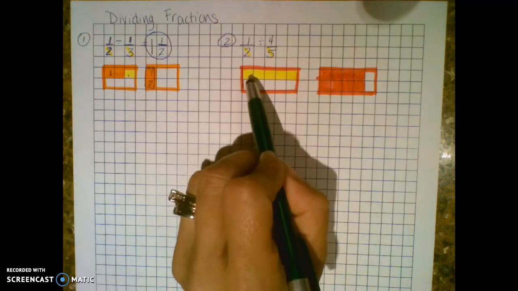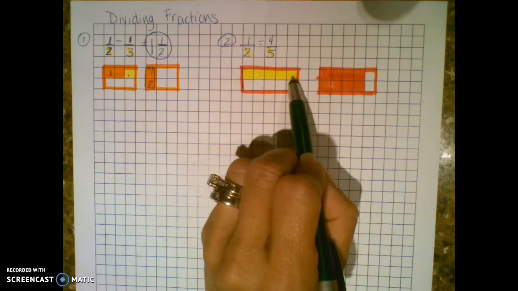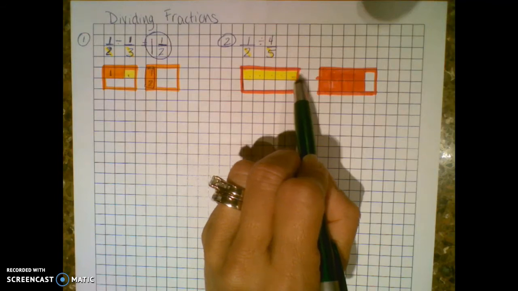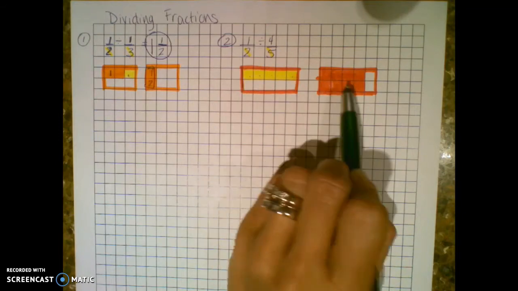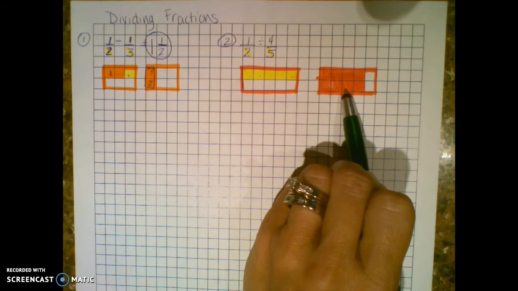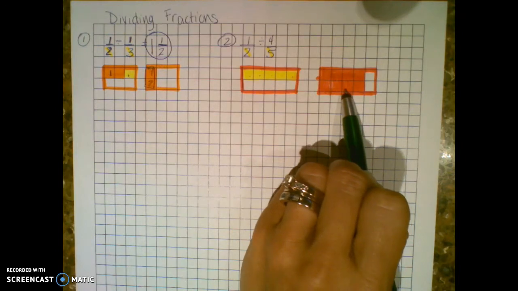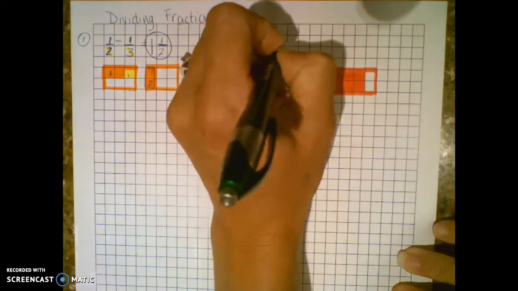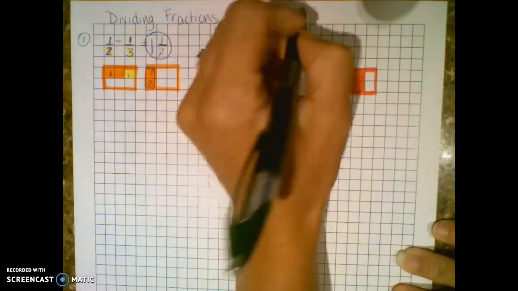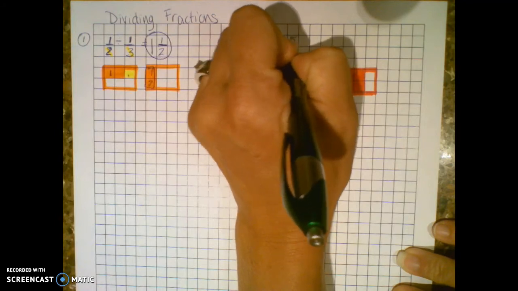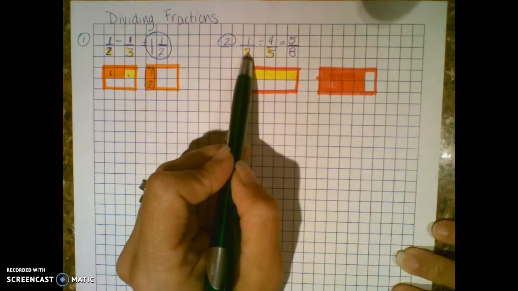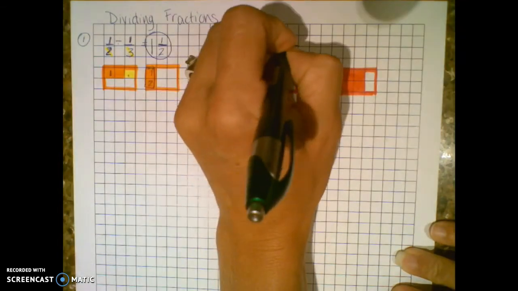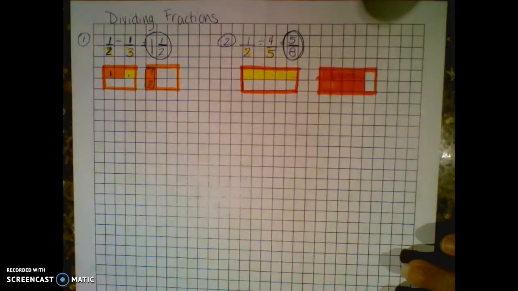Well, I need 8 pieces for a whole, but I only have 5. I don't even have one whole 4/5 that I can take. So 4/5 goes into 1/2 not even one whole time. It goes in 5/8 of a time. And that's okay.